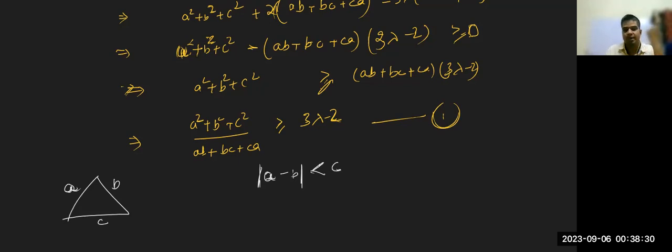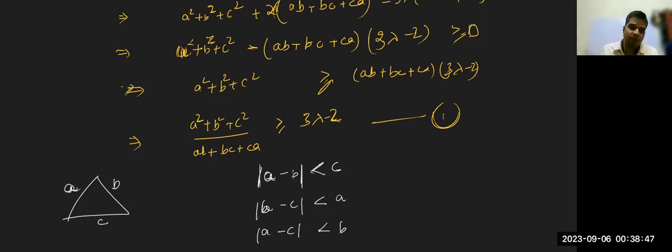Similarly, the modulus of B minus C has to be less than the third side, which is A, and similarly the modulus of A minus C will be less than the third side, which is B. We all have studied that.